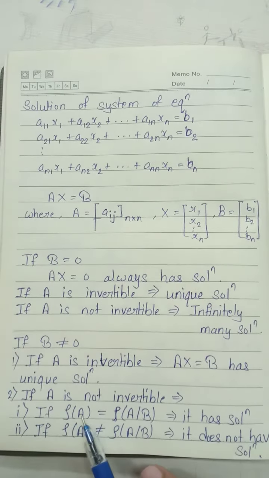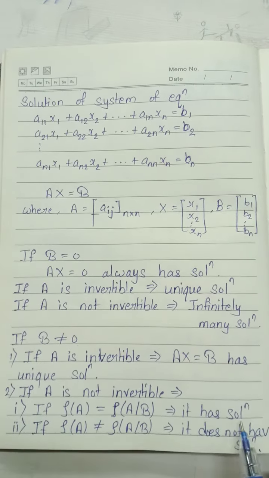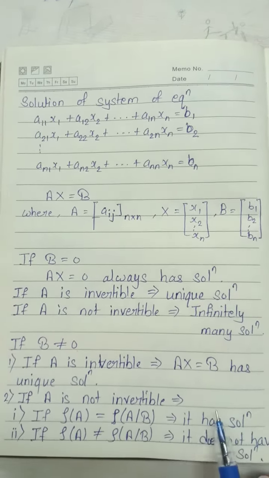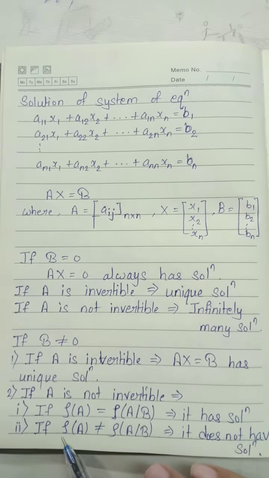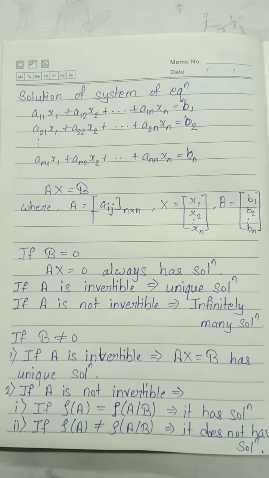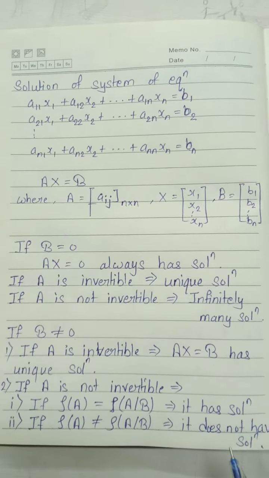If the rank of A is the same as the rank of the augmented matrix, it has a solution, in fact infinitely many solutions. If the rank of the augmented matrix and the rank of A are not the same, it does not have any solution.